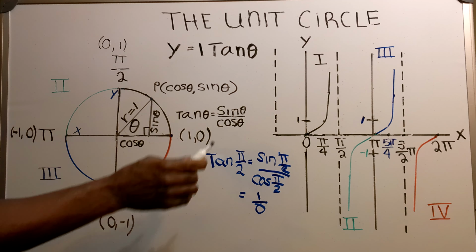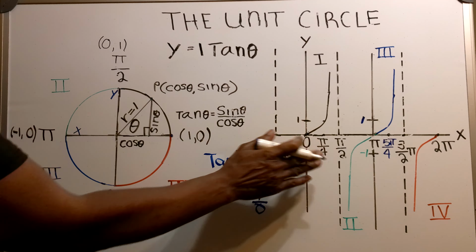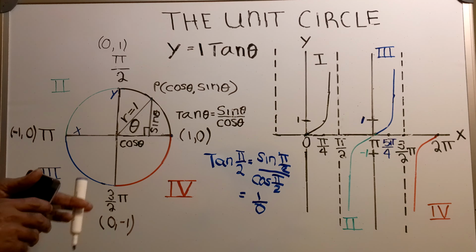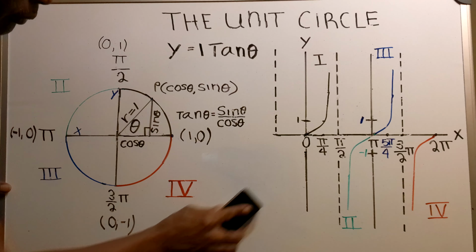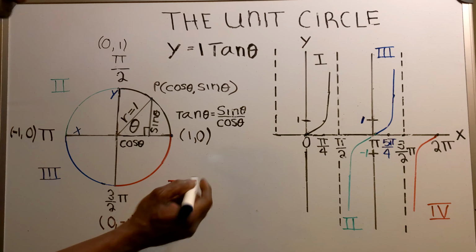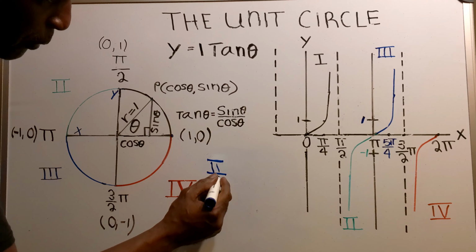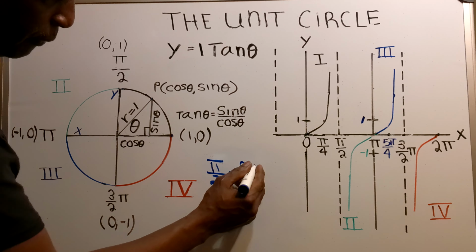Now what do I mean by coming really close to pi over 2? Well, the radian of pi over 2 equals 90 degrees.